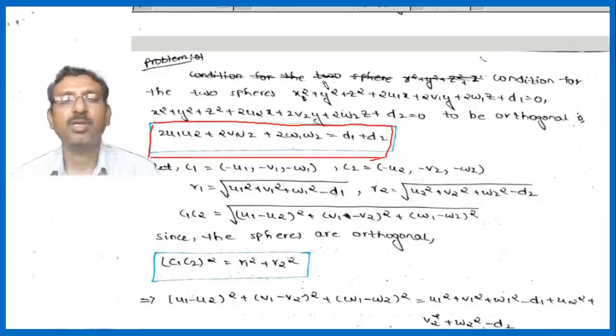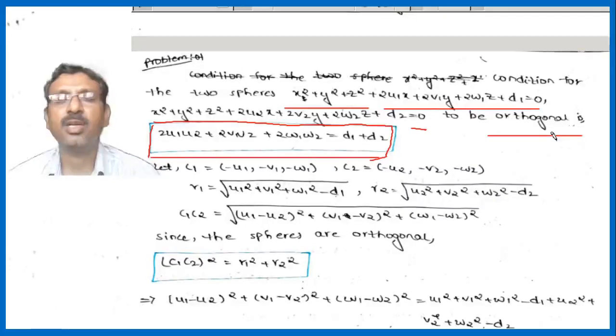Here is some derivation. Actually this is called the condition for two spheres x square plus y square plus z square plus 2u1x plus 2v1y plus 2w1z plus d1, and x square plus y square plus z square plus 2u2x plus 2v2y plus 2w2z plus d2 equals 0 to be orthogonal, or intersecting at right angle.